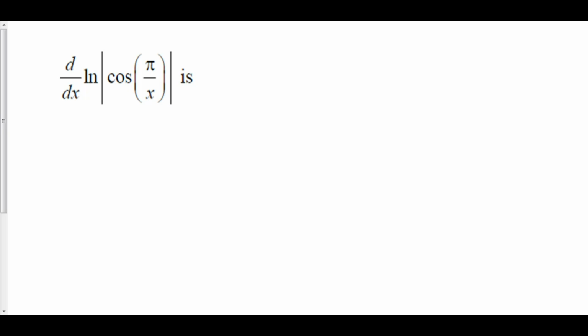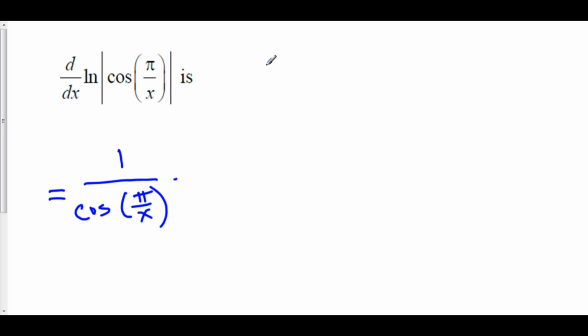The derivative of the natural log of the absolute value of cosine of pi over x, well, here we have the derivative of the natural log of stuff. And the derivative of the natural log of stuff is 1 over stuff, that's 1 over cosine of pi over x, times the derivative of cosine of stuff.